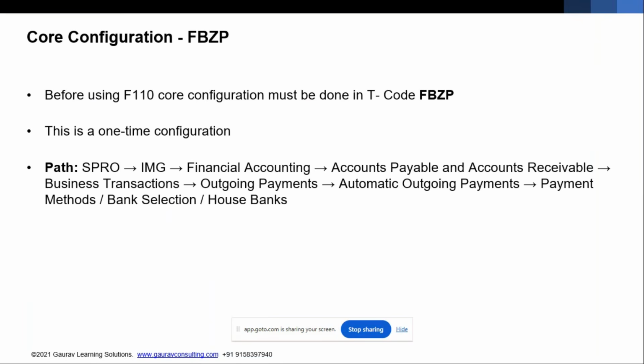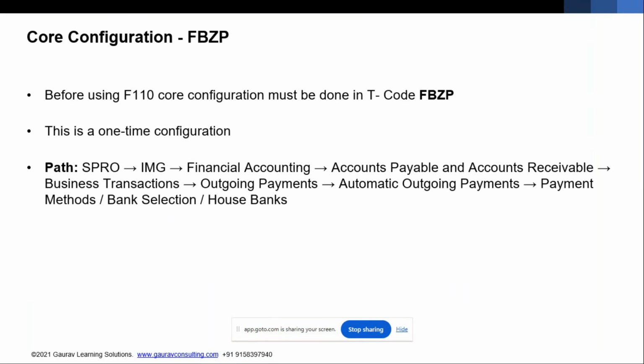Under accounts payable and accounts receivable, we then go to business transactions, outgoing payments, automatic outgoing payments. That's where we get our payment methods, bank selection and house banks. This is where we configure APP. Instead of doing that, we can use the code FBZP, where everything will be on one screen.